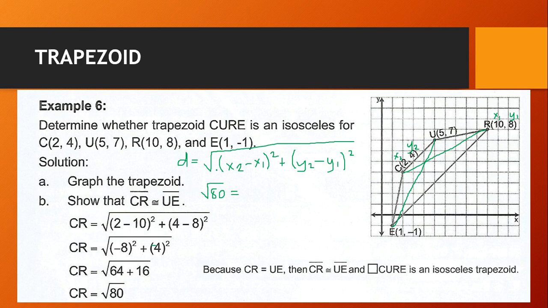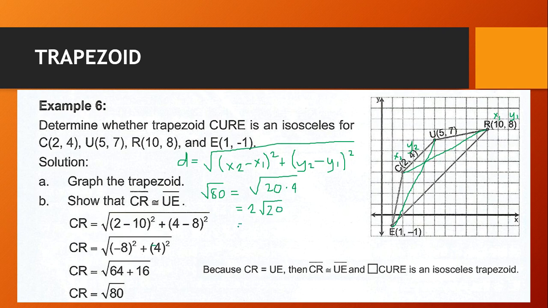The factors are 20 times 4. The square root of 4 can be extracted because it is 2. So that is 2 the square root of 20. But the 20 can be extracted also.